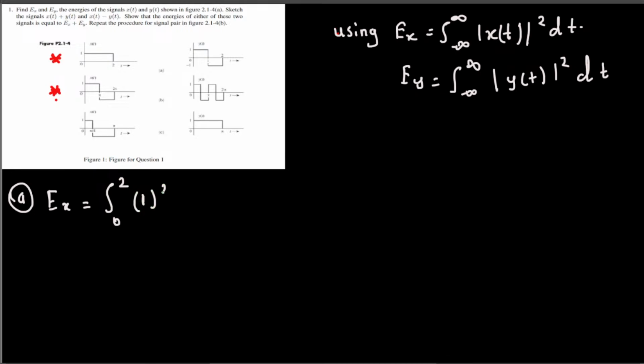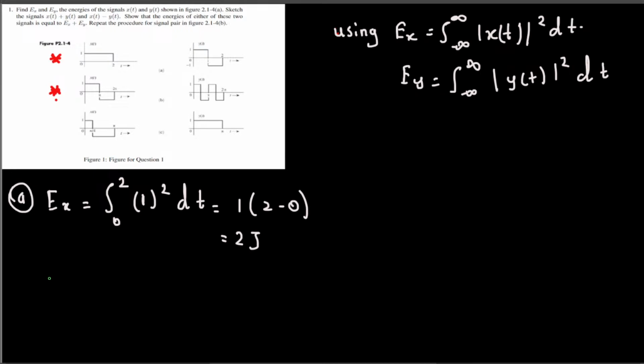So 1 squared dt. If you integrate this, the upper limit is 2 and the lower limit is 0, so 2 minus 0, that's our final answer, which is 2 joules.